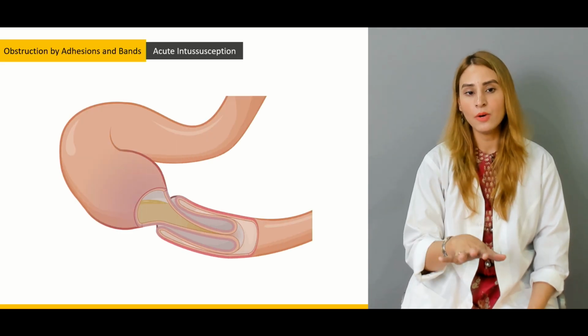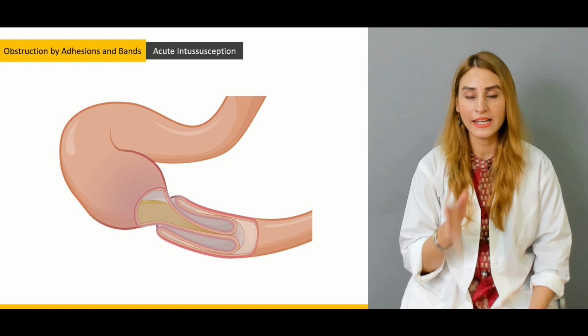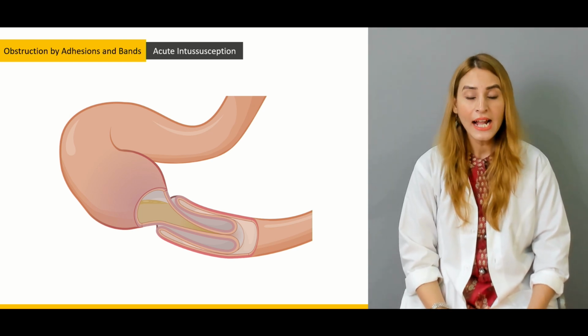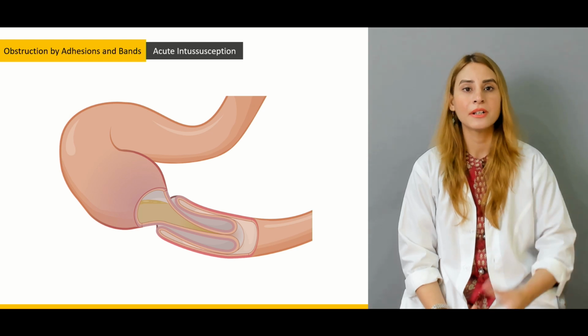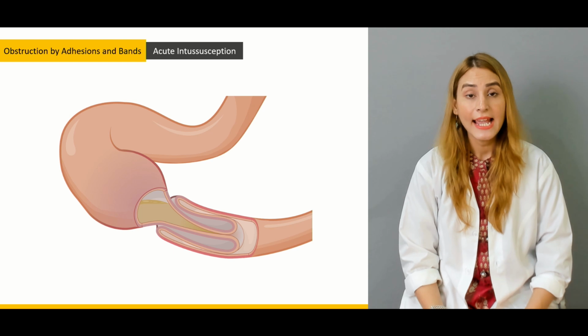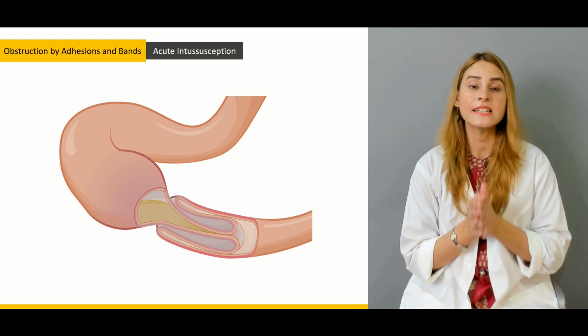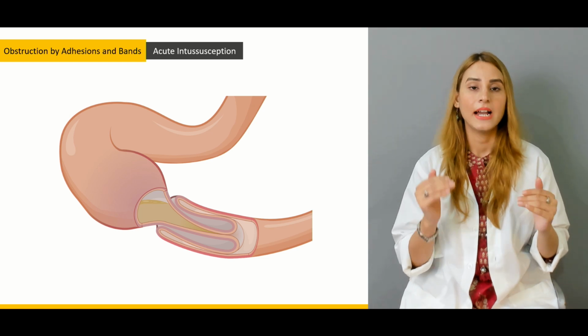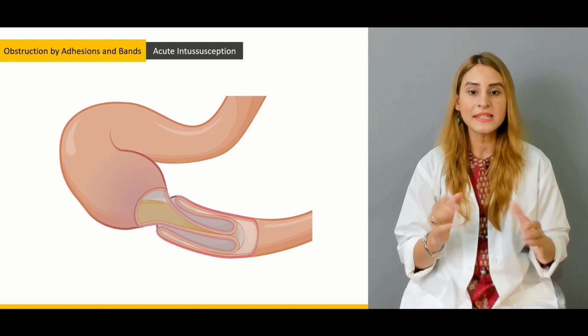Now we have to talk about the intraluminal causes of the obstruction, right? There can be some other intraluminal causes of the obstruction, which is called acute intussusception. Let me tell you that intussusceptions are very common in children.